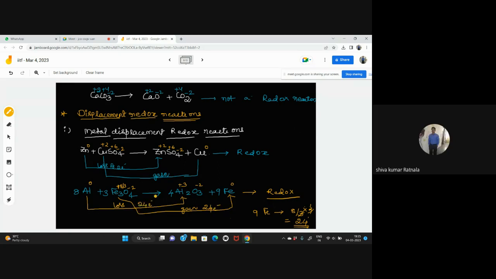Understood how I calculated? For one atom it is 8/3, and there are total 9 iron atoms, so 24 electrons.